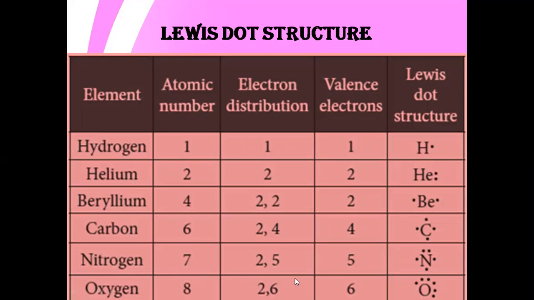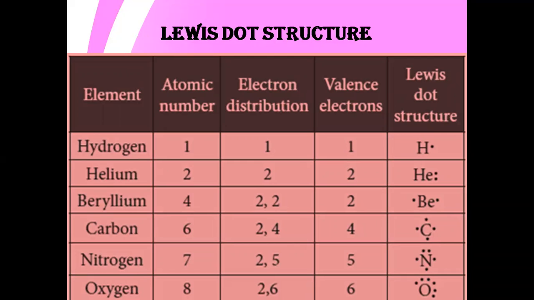Next oxygen, valence electrons 6, 2, 2, 2. Okay. So mostly all the sides are covered. So this is the Lewis dot structure, which means the valence electrons are represented by dots.